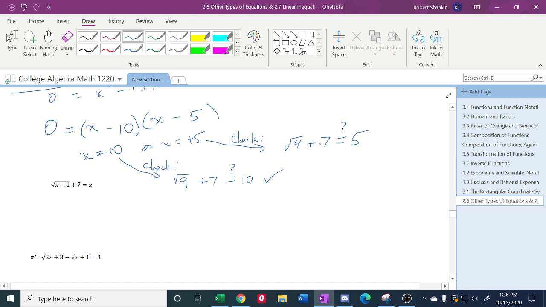And the answer is only if the square root could also mean negative 2. But remember, we have artificially stated that that's a principal square root, turning it into a function. So this doesn't work. No. So this solution we toss out. The only solution that's valid is 10.